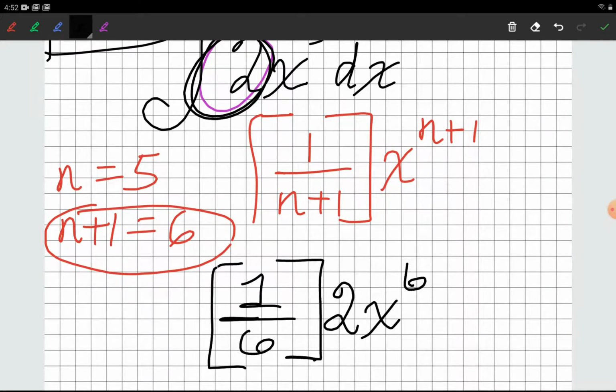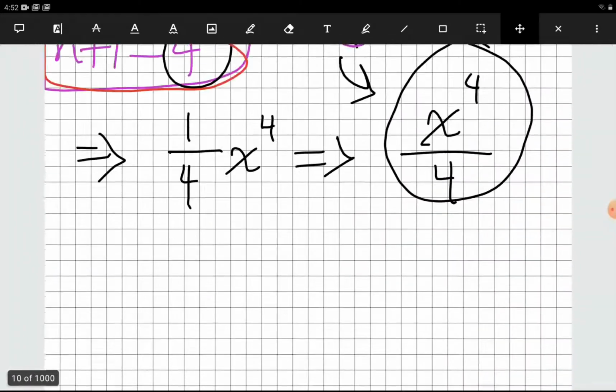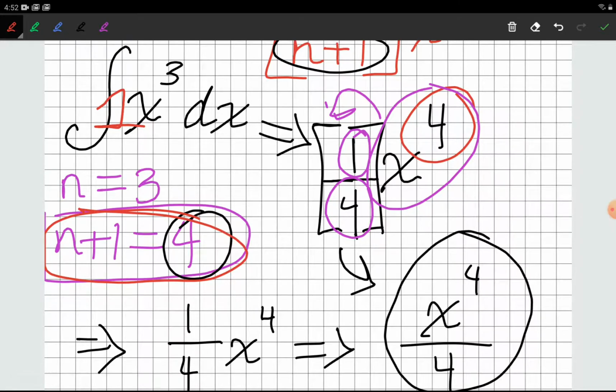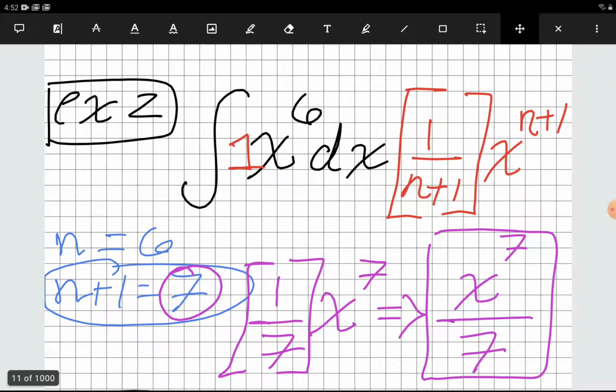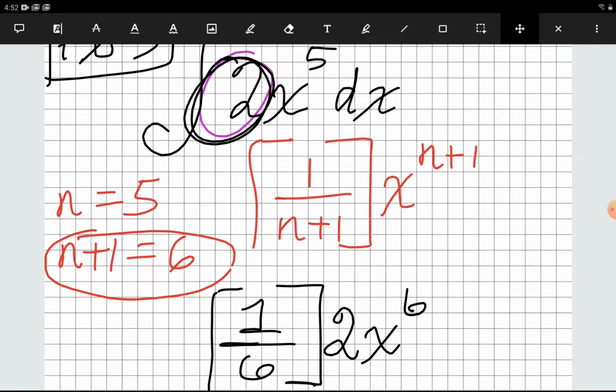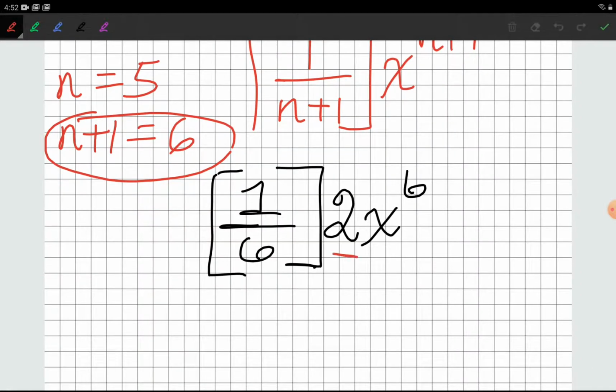The reason this looks a little bit different is because in examples 1 and 2, that's a 1 right there, and that's a 1 right there. So I didn't have to multiply by 1, so I left it. But whenever you have a coefficient in your problem, like 2, 3, -3, -20, whatever, x to whatever, you never want to ignore that. So you always want to make sure you include it in your answer.